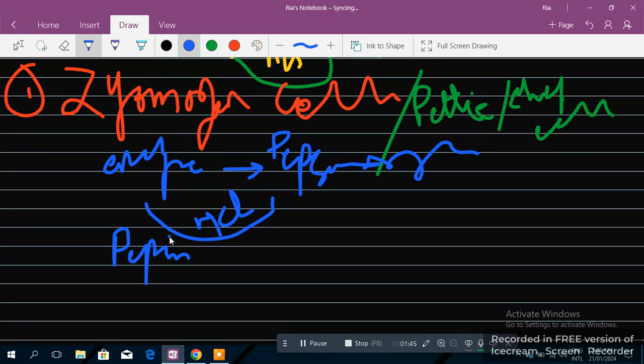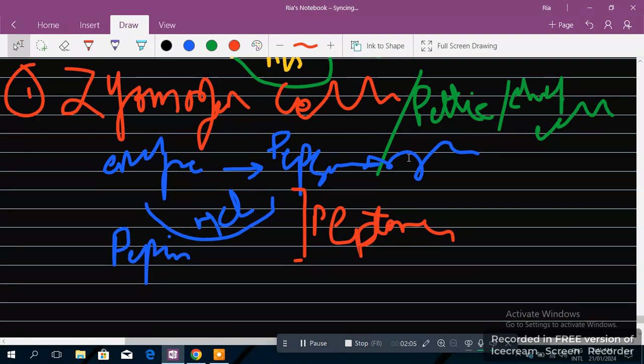If you've eaten protein, it will convert into peptides, then into peptones. So in the stomach, your protein is known as peptones, right? Protein to peptones, because protein will be divided into amino acids later.